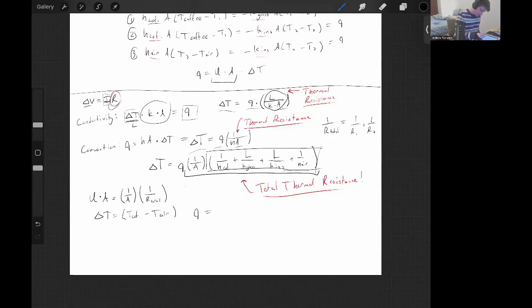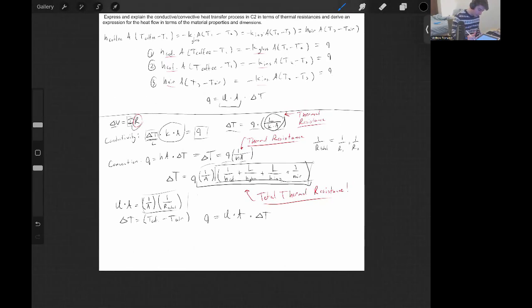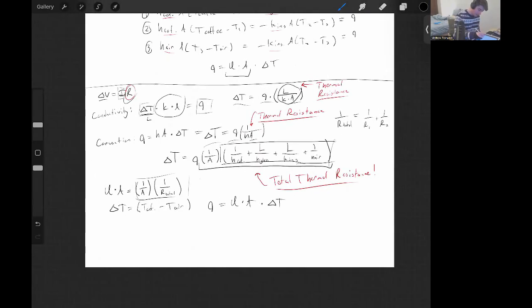Q equals UA, which we know is this, multiplied by the change of temperature. So we spent all this time deriving this. Why is this useful? Well, now we can individually solve for all the unknown variables that we didn't know. So let's say something like the thermal conductivity for insulation, area, T2 minus T3.